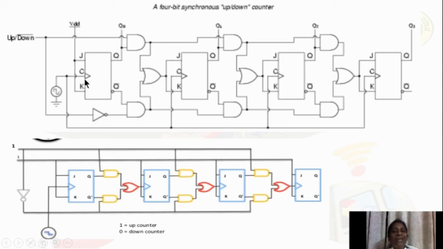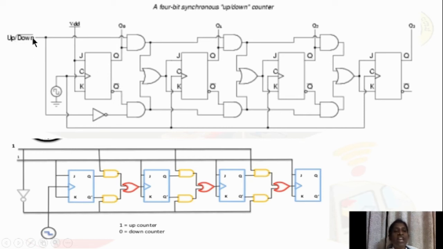So it will count in the upward direction. For every clock, the contents of the counter will be incremented by 1, according to the logic we have seen in the up counter.